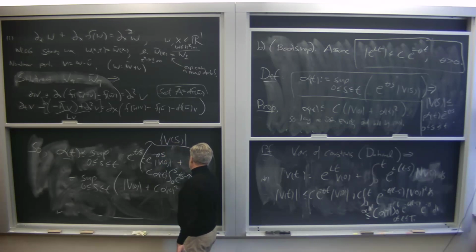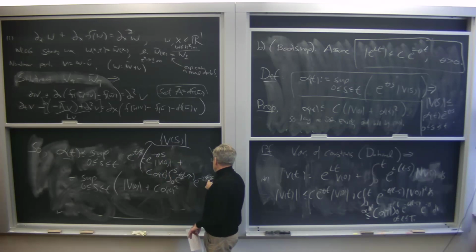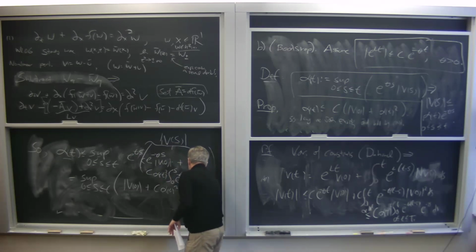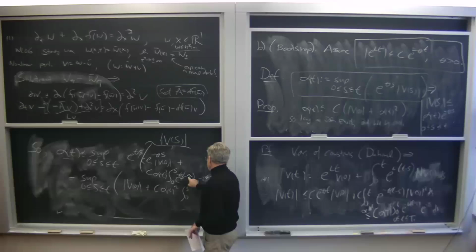Okay, and now we have, this cancels that. But that leaves something, and that leaves integral from 0 to s. And this one partly cancels that. It removes the 2.